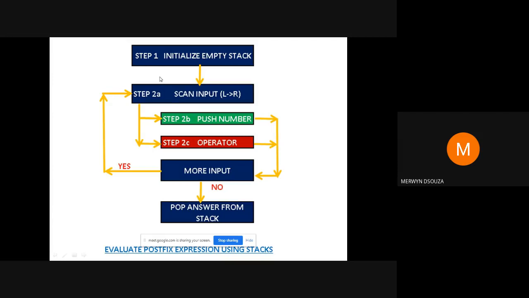Okay. So initially, I'm making an empty stack, the top of the stack equal to -1. Then in step 2a, you scan the input from left to right.